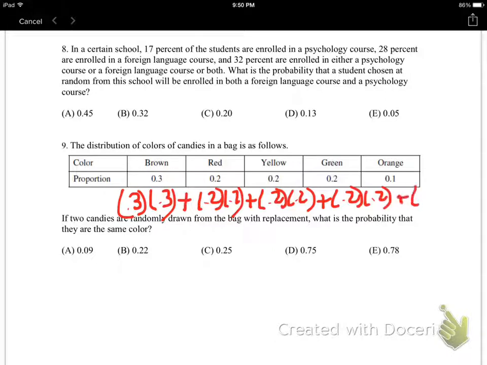Or an orange, plus 0.1 times 0.1. Okay, so this is going to be 0.3 squared plus 0.2 squared, that's for the red, plus 0.2 squared for the yellow, plus 0.2 squared for the green, plus 0.1 squared for the orange. And you add them all up and I get 0.22. So the answer is B.